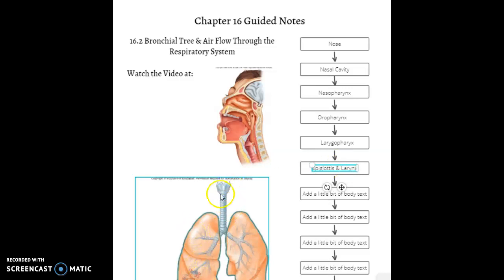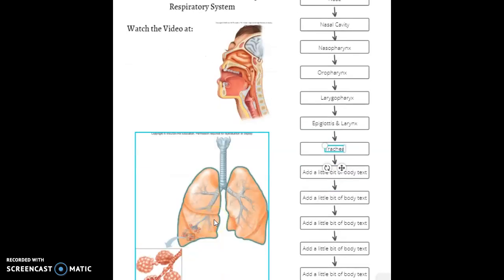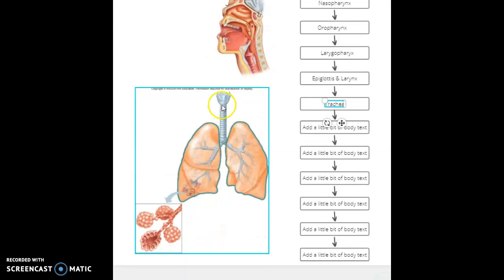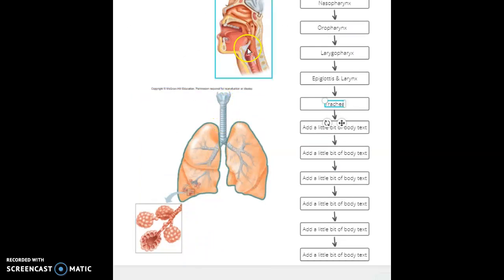And now we're finally going to head down into the lower respiratory tract, which of course starts with our good old windpipe, which we are going to call the trachea. Alright, as we shift this picture just a smidge, the trachea extends, on this top picture, just underneath that larynx.